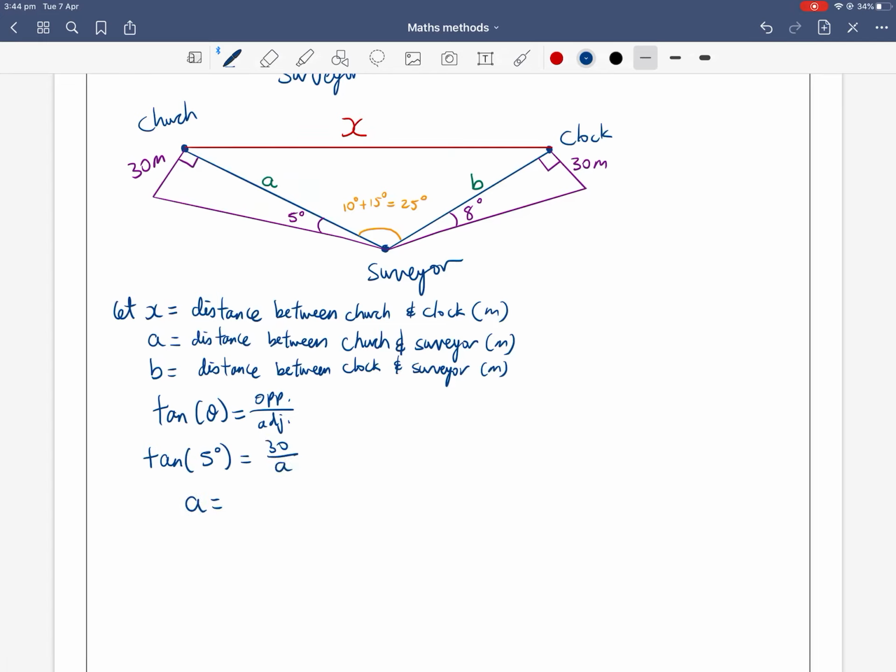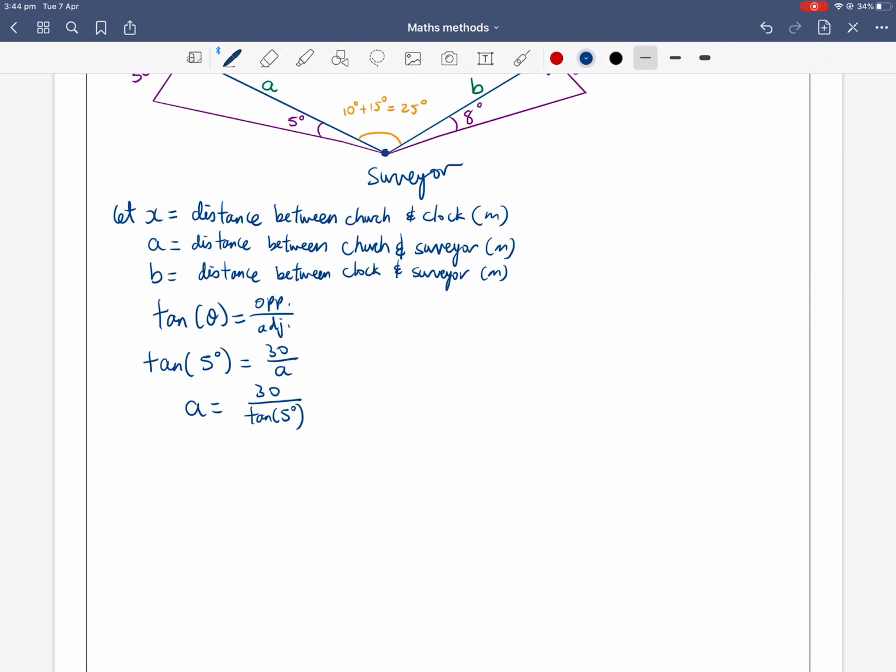Tan of 5 degrees is 30 over A. In other words, A is 30 over tan of 5 degrees. Using a calculator, that's approximately 342.9. So 30 divided by tan of 5 degrees. Make sure your calculator's in degree mode.